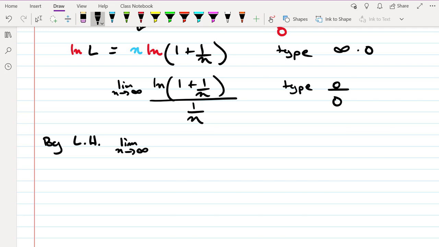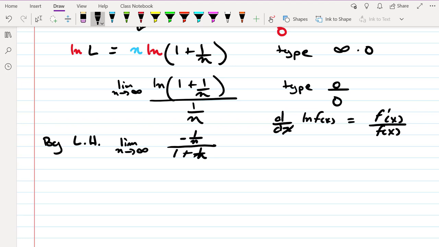So remember that d dx of the natural logarithm of f of x is f prime of x divided by f of x. So we're going to get 1 over 1 plus 1 over n, that's our f of x, and then the derivative of 1 plus 1 over n is going to be negative 1 over n squared. And then the derivative of 1 over n is also going to be negative 1 over n squared.